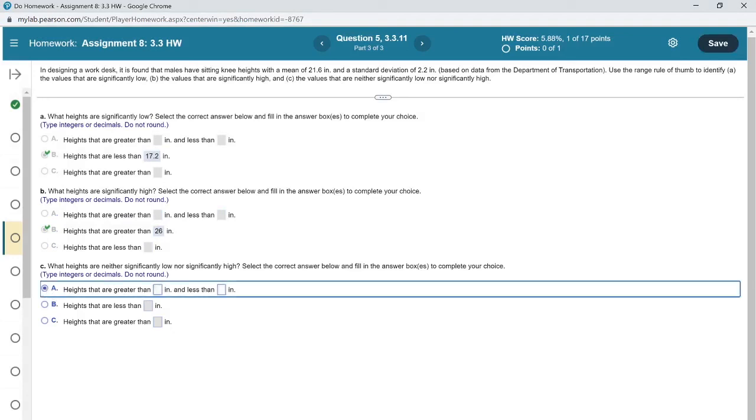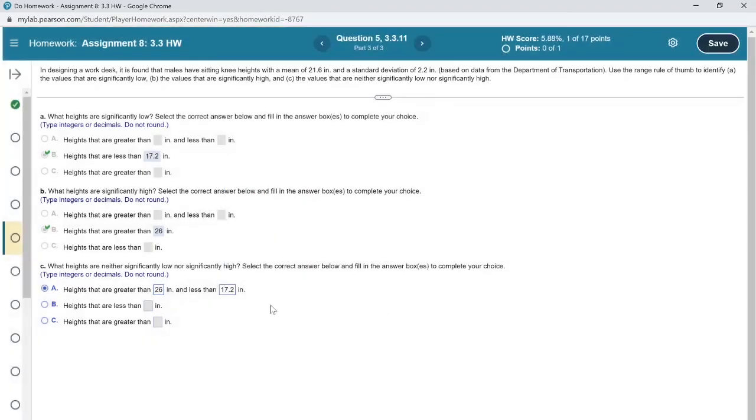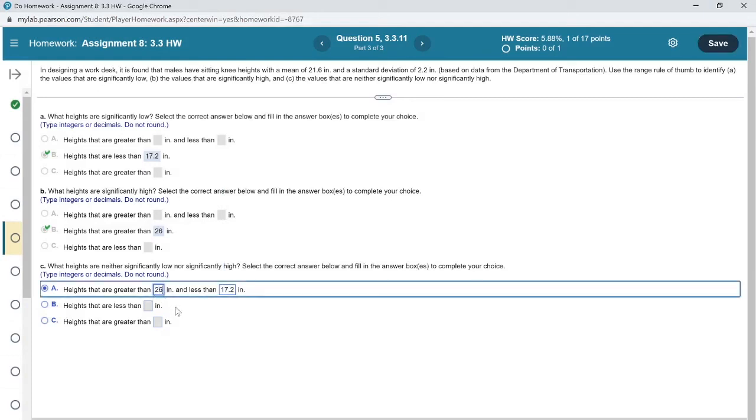So we need to choose this option, anything greater than 26 and less than 17.2. What did I do wrong here? Heights that are greater than, okay, sorry, I have to switch it. It's greater than 17.2 and less than 26.